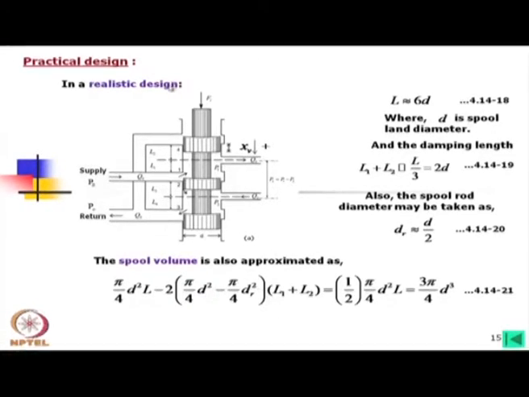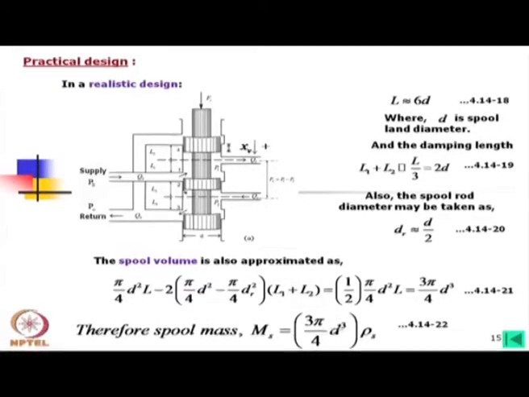So, if you now write down, this is a very simple one, and ultimately we will find that the volume of the spool for the length L which we have considered is approximately 3 pi by 4 into D cube. D is the diameter of the land.